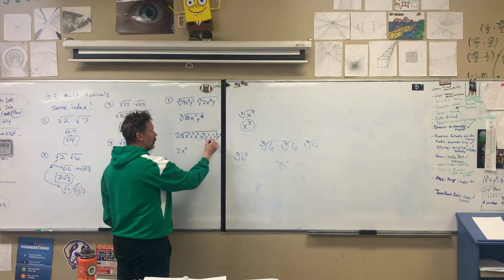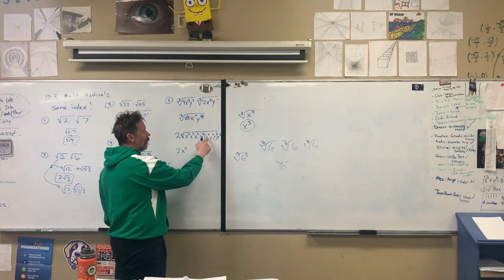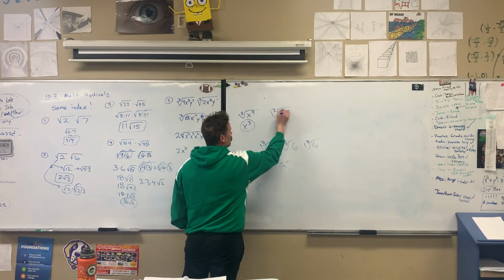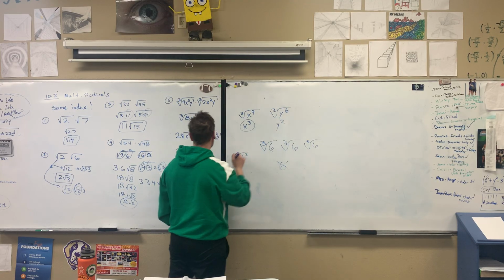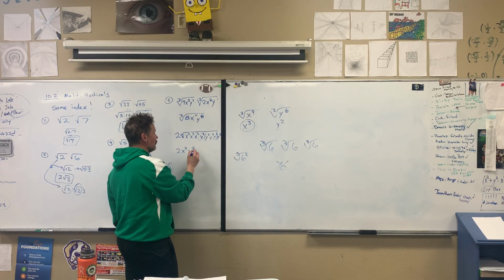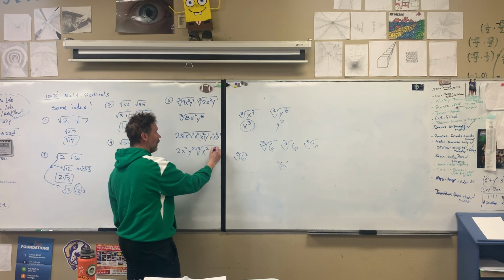Then you recognize a multiple of 3 there, right? Y squared, y squared, y squared. So the cube root of y squared multiplied by itself 3 times is the same thing as saying the cube root of y to the 6, meaning 3 goes into 6 evenly. How many times? Y squared. And then what are we left with? X squared and y squared.